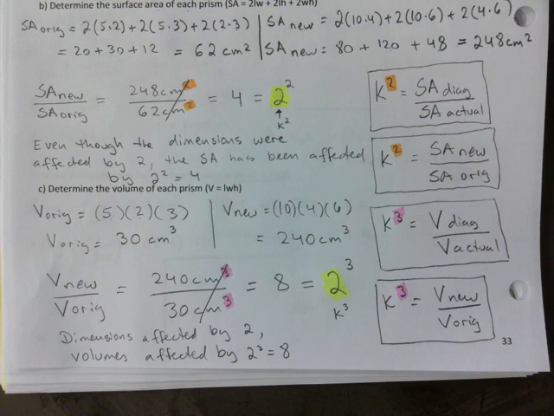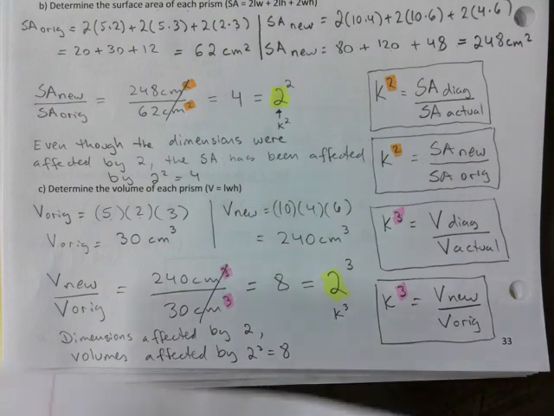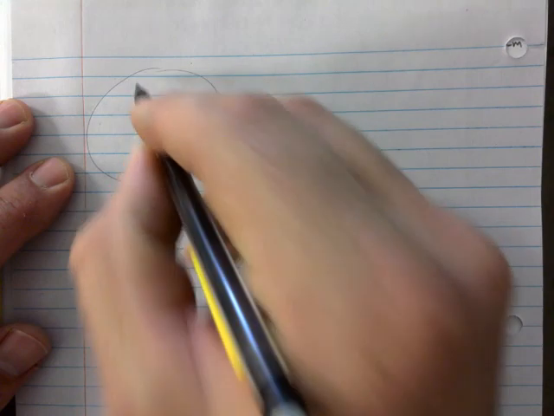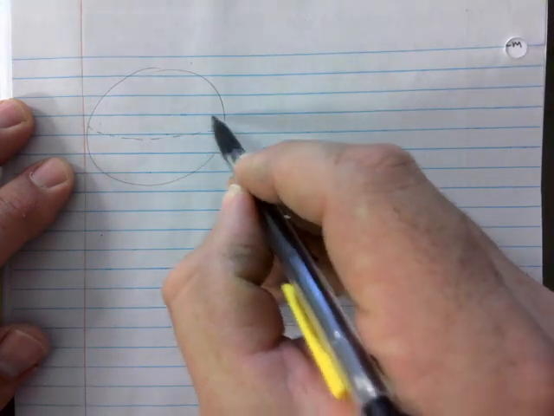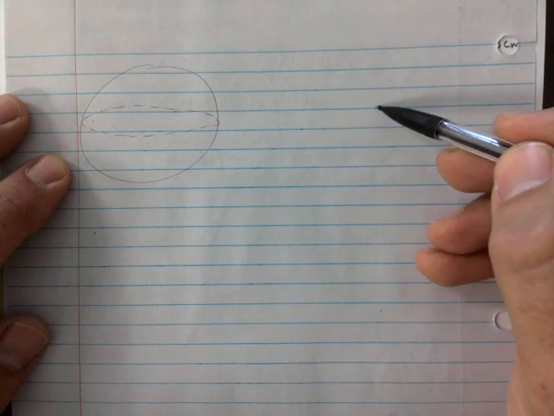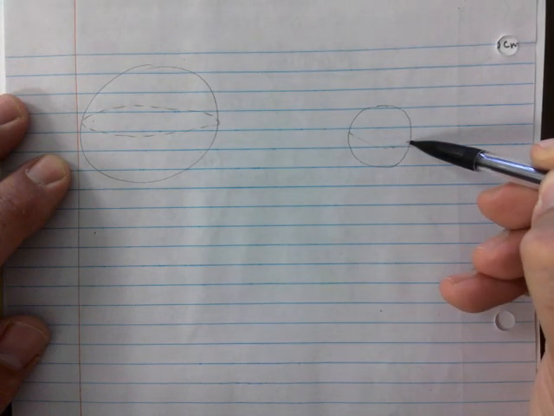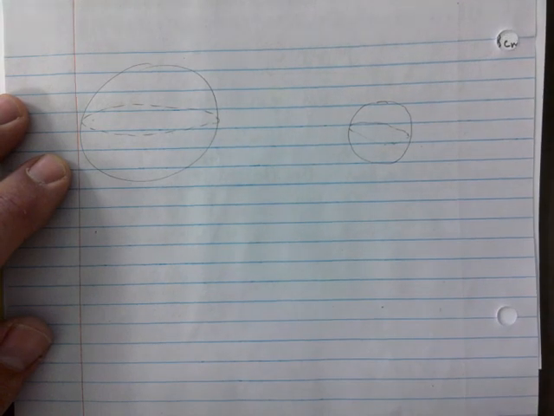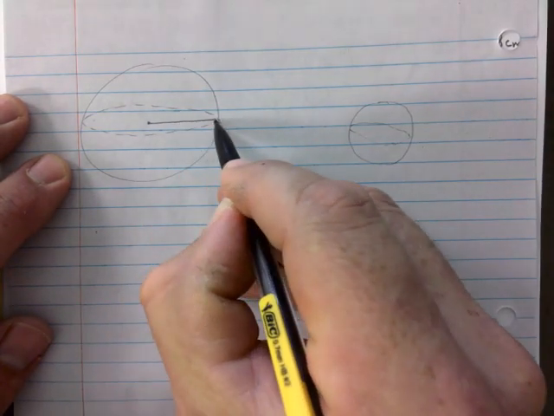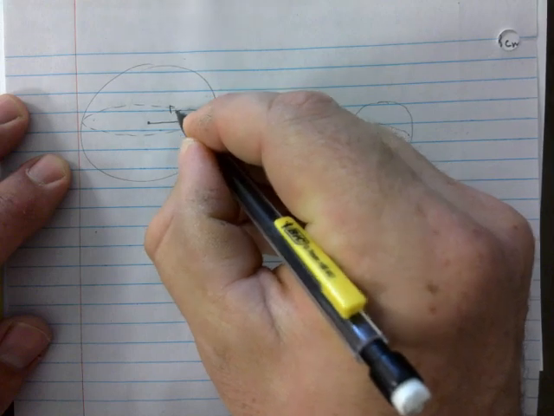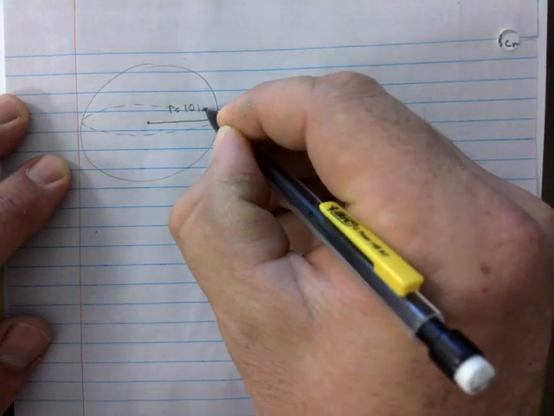We don't have space, but I'll do one more here. You don't have to copy this, just pay attention. I hope it sticks. So, let's say I have my big sphere. Okay? And I'm making a smaller one. Let's say the radius of this one was 10 inches.